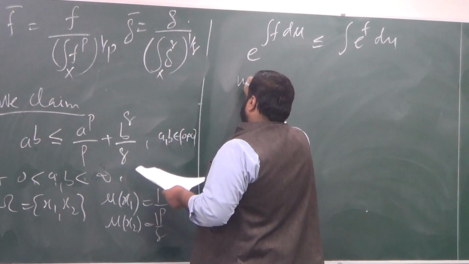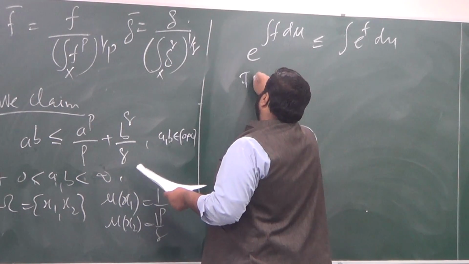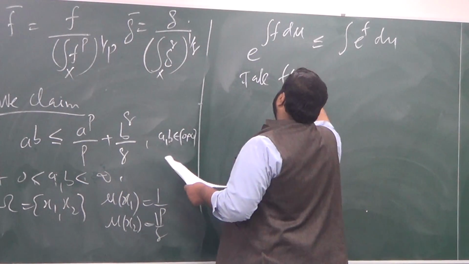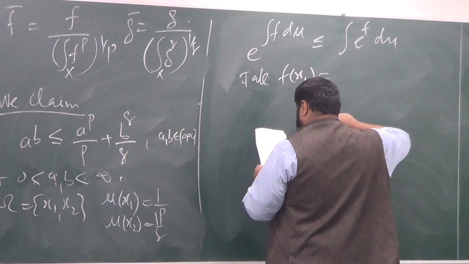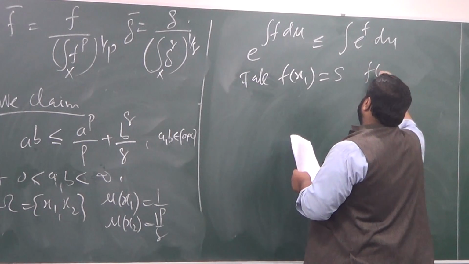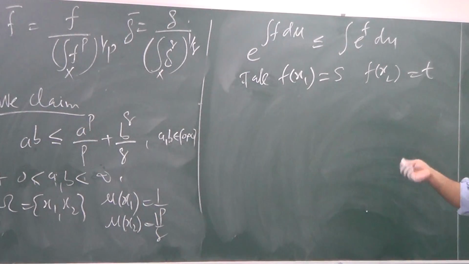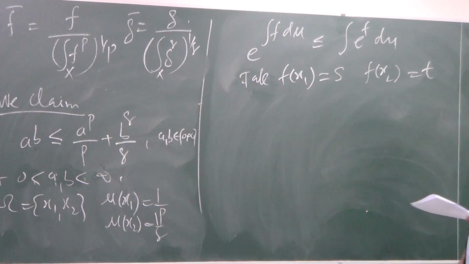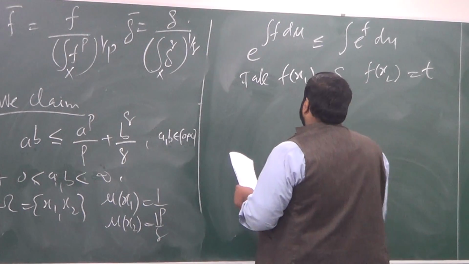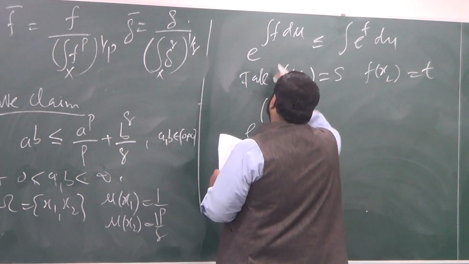Maybe I must fix actually that, take f of x1 to be some s and f of x2 to be some t. Obviously, it's going to be some real number. Then this inequality is showing what? So what would be this integral?